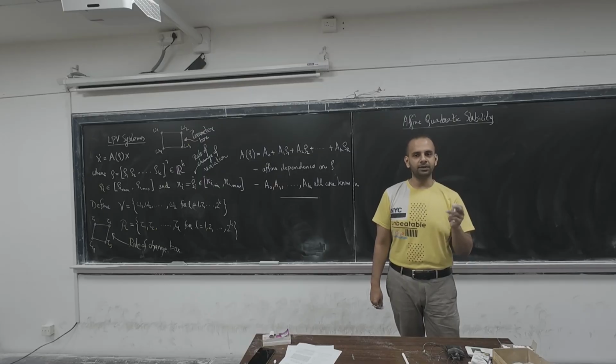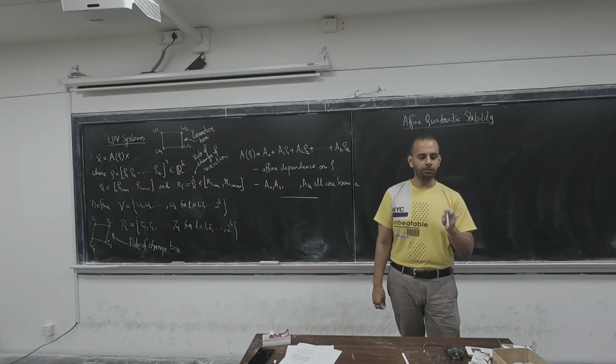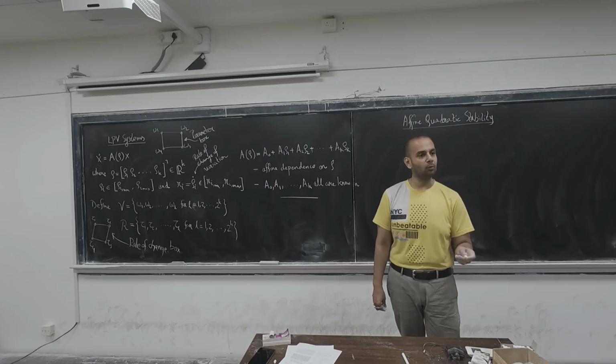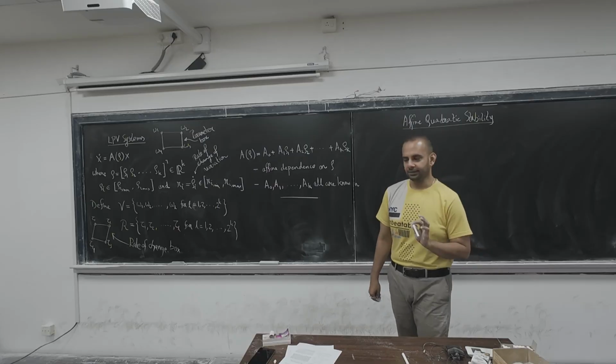That means instead of only one P, we can write a P of rho, that is P0 plus P1 rho 1 plus P2 rho 2. In that case, instead of one variable, we are bringing more variables, so we can achieve something more compared to this. That is the concept.